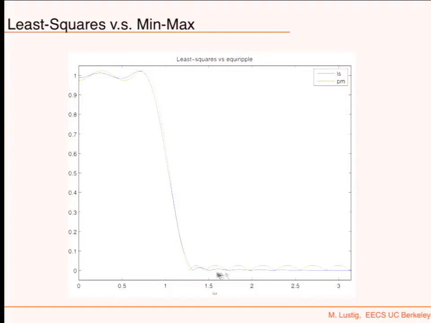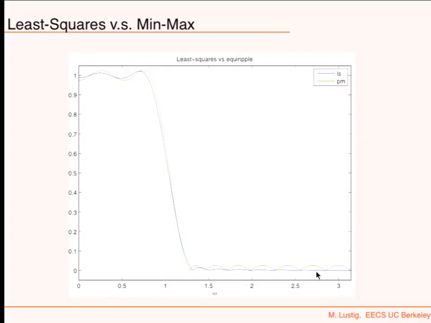So they're very different. One advantage for the min-max case is that it's a little bit sharper. You see that the transition goes a little bit forward and then it ends earlier. So it trades off the amount of ripple in the stop band and pass band for a sharper filter. Okay, sharper transition. But it doesn't attenuate the frequencies over here as much as the least square one, right?